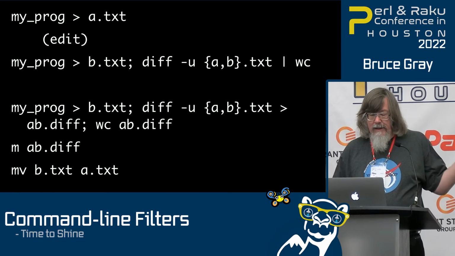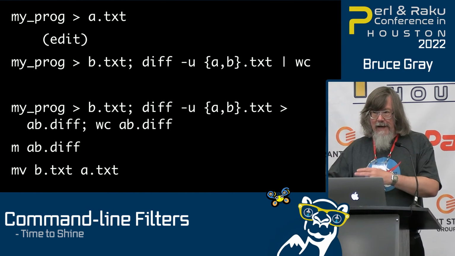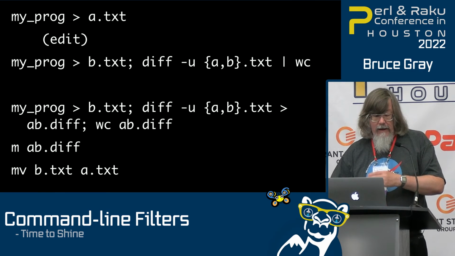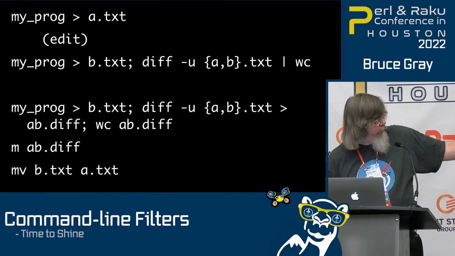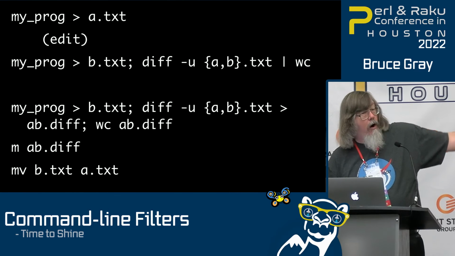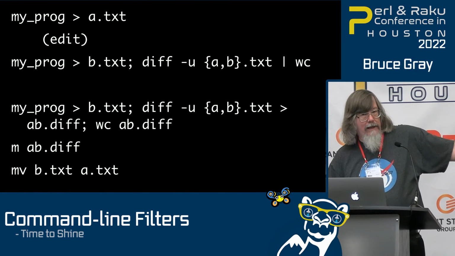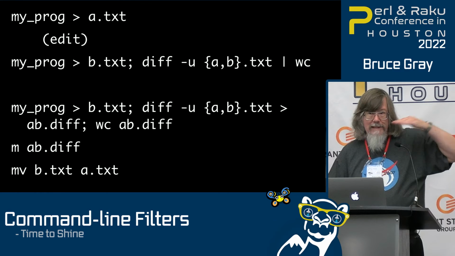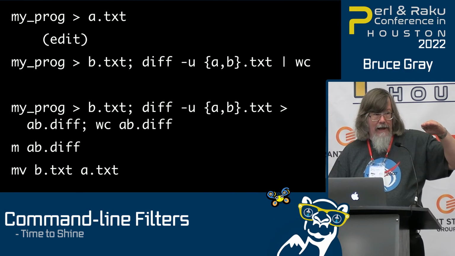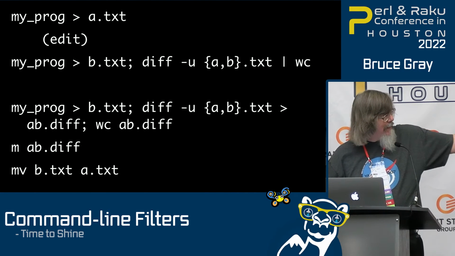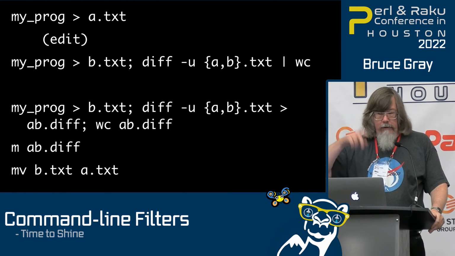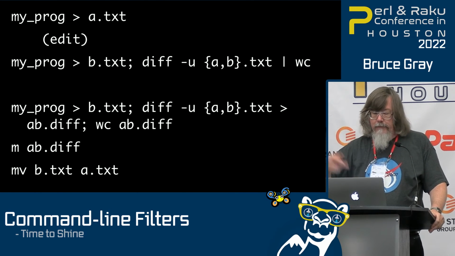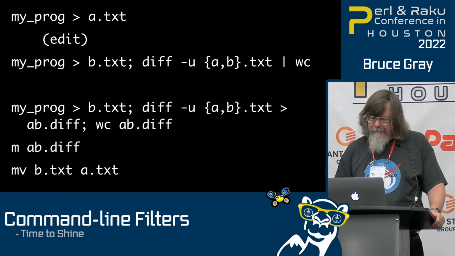And the capstone is that when you have verified that a diff is the droid you're looking for, like, you've made the change, you're expecting it to have done this thing different, you look, it did that thing different, then you just move B on top of A. Goes away. Now you've got a new set point of what the output's supposed to look like. And so those last three things, you just up arrow no more than 3 times, cycle through. It works a dream.